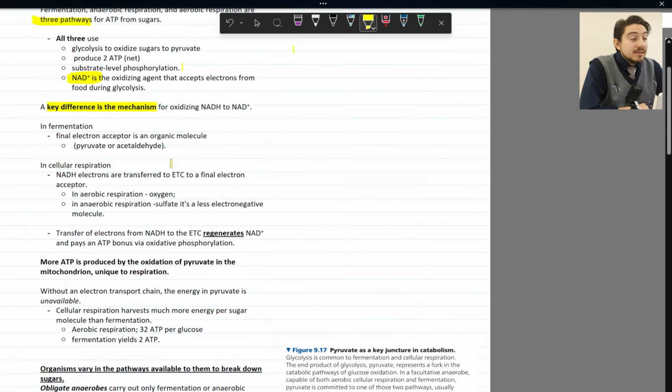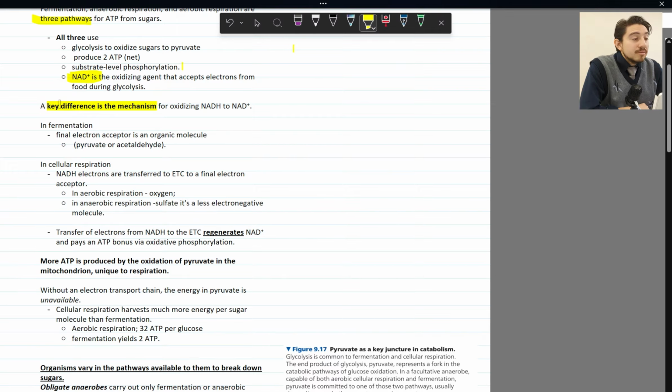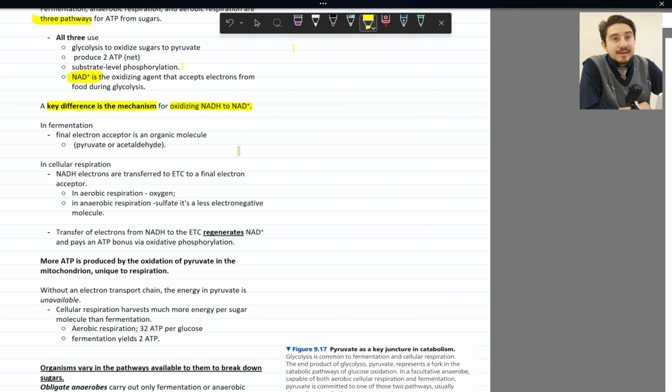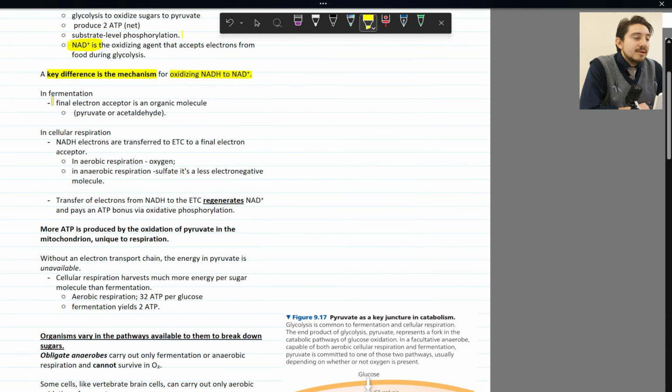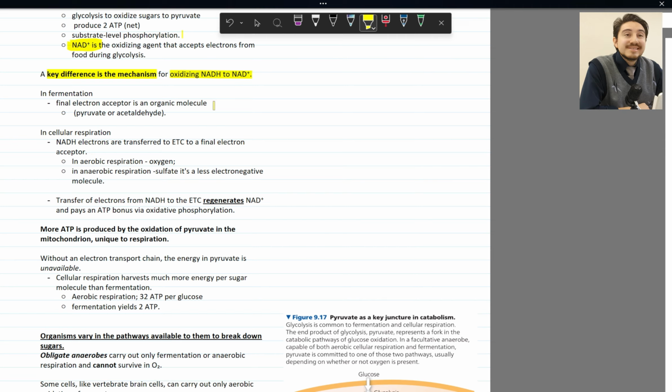Now, the critical difference here is the mechanism for oxidizing NADH to NAD plus, again regenerating NAD plus. For fermentation, the final electron acceptor is an organic molecule. Now we know it could be acetaldehyde or lactic acid, the lactate.